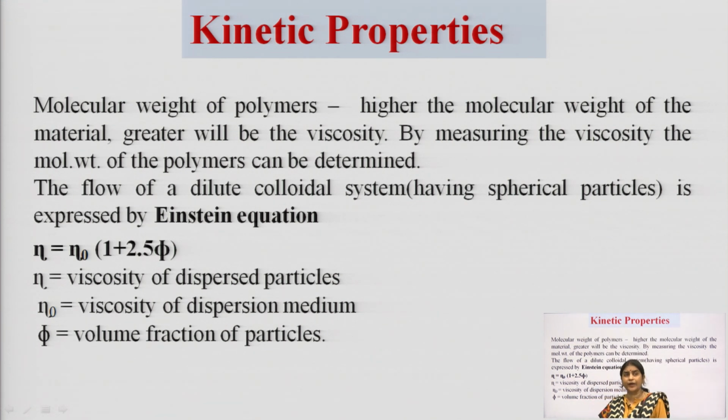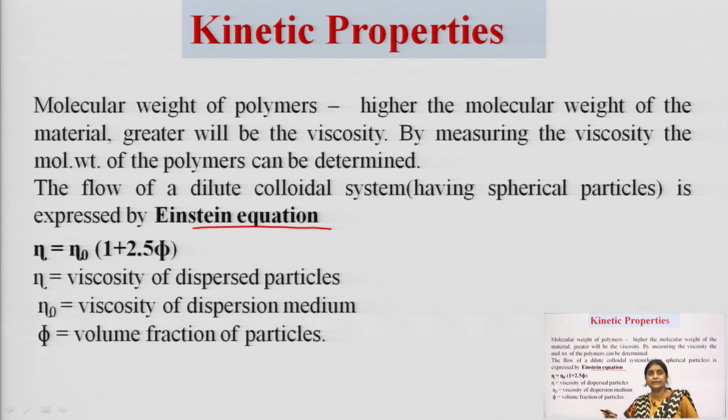Now, the molecular weight of polymers can be found by using viscosity. Higher the molecular weight of a material, greater will be its viscosity. So, by measuring the viscosity, the molecular weight of the polymers can be determined. The flow of a dilute colloidal system which has spherical particles can be expressed by using Einstein's equation.